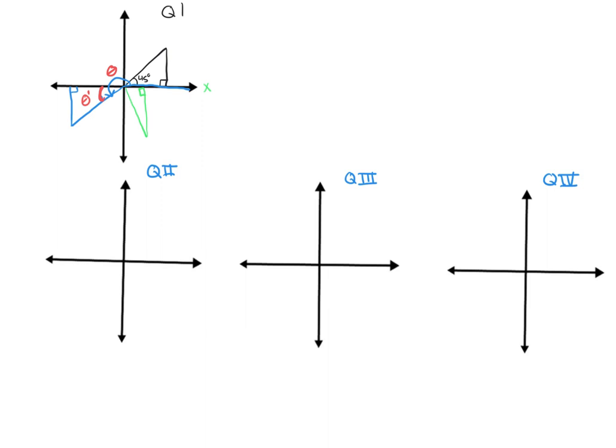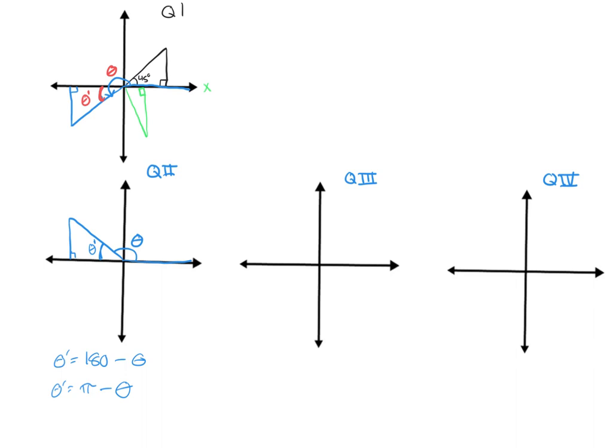So here are the rules. Starting with quadrant 2, if we have an angle here, so here is angle theta, here would be my reference angle theta prime, because that's where I can create that right triangle. So if you're in quadrant 2, to find theta prime you will do 180 minus theta, or pi minus theta.